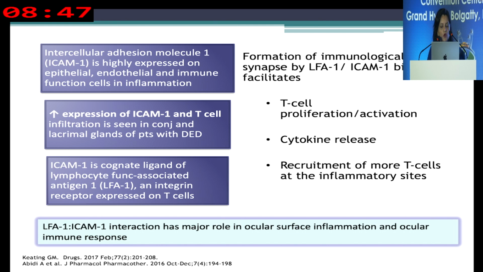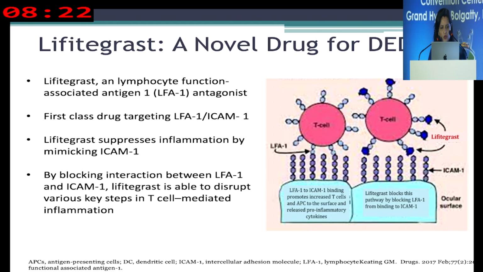And ICAM1 is a cognate ligand of this lymphocyte function associated antigen, or LFA1, which is an integrin expressed on the T cells. So once this formation of the synapse between the LFA and ICAM occurs, this causes T cell proliferation, cytokine release, and recruitment of more T cells. And LFA1 ICAM1 interaction has a major role to play in ocular surface inflammation and ocular immune response.